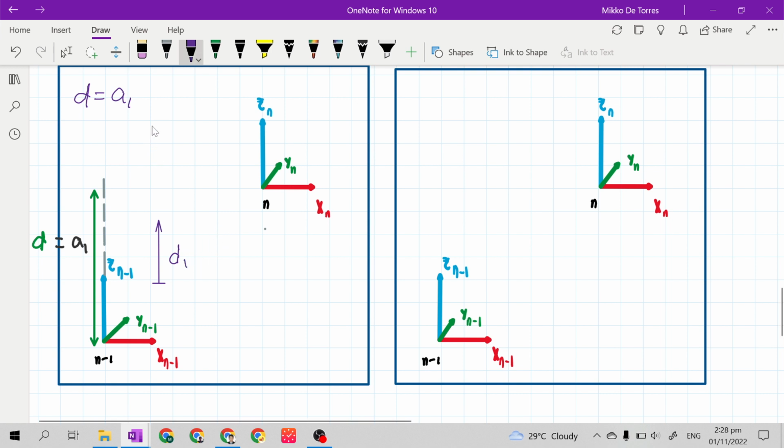So d here is equal to a sub 1 plus d sub 1.